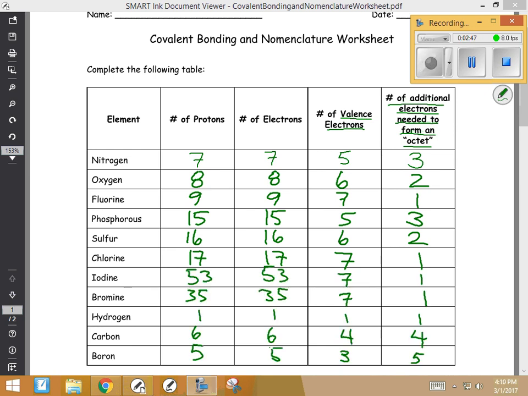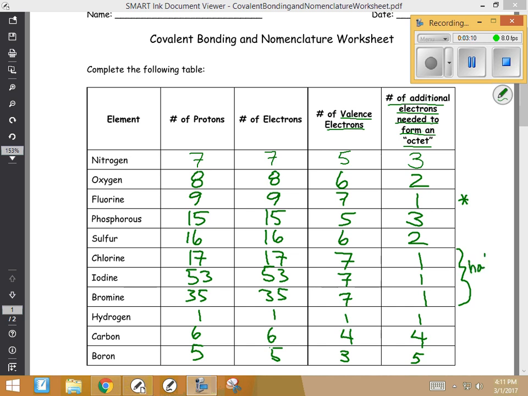Okay, I've got my chart complete here. Yours should look like this. One of the things I wanted to show you was that fluorine, that's a halogen. Here are the other halogens right here. You notice they're all in the same group, group 17, have 7 valence electrons and need to pick up 1 electron to form a complete octet.